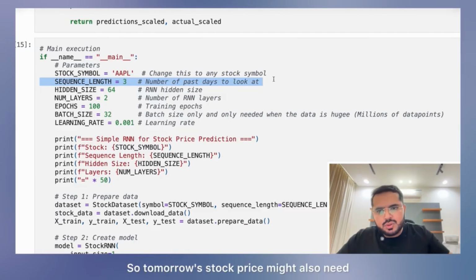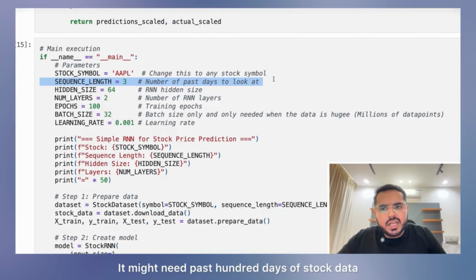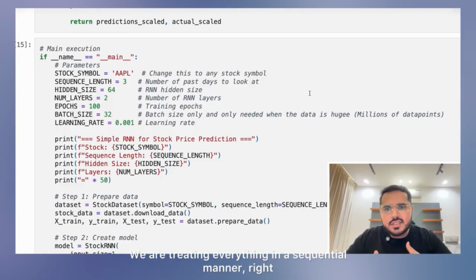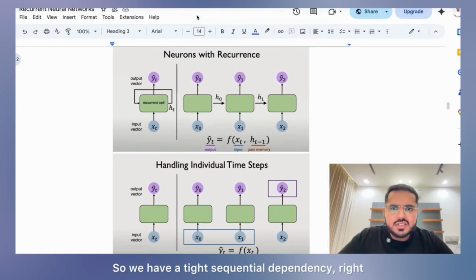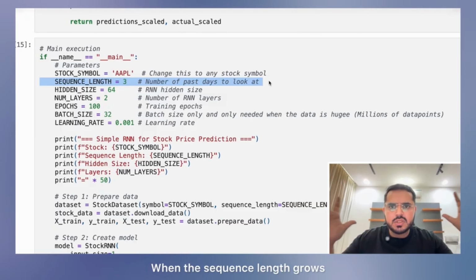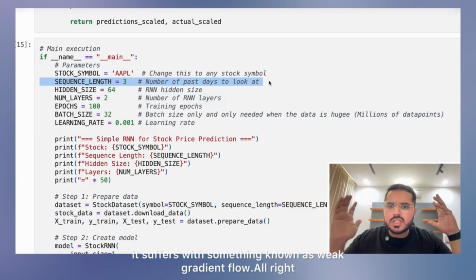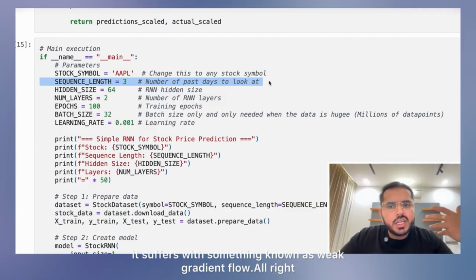Tomorrow's stock price might also need global context. It might need the past 100 days of stock data. We are treating everything in a sequential manner. How do we parallelize that computation? We have a tight sequential dependency. When the sequence length grows, it suffers from something known as weak gradient flow.